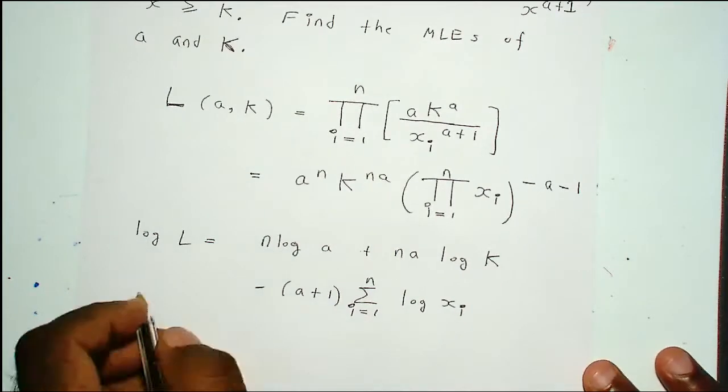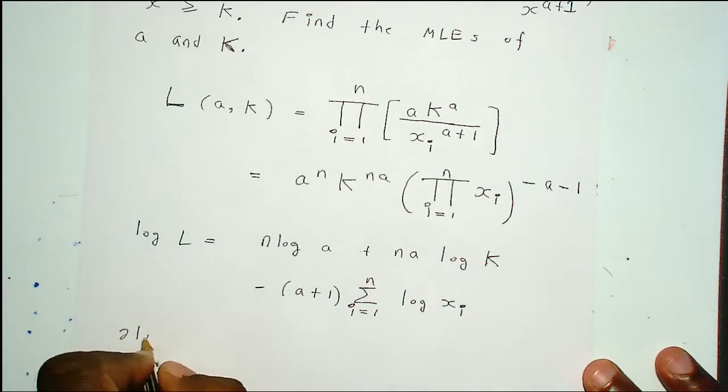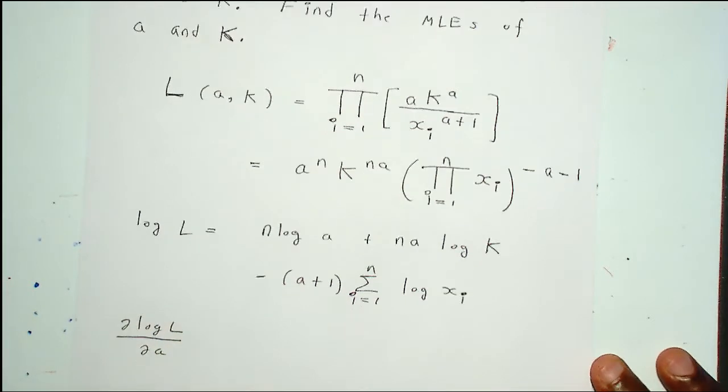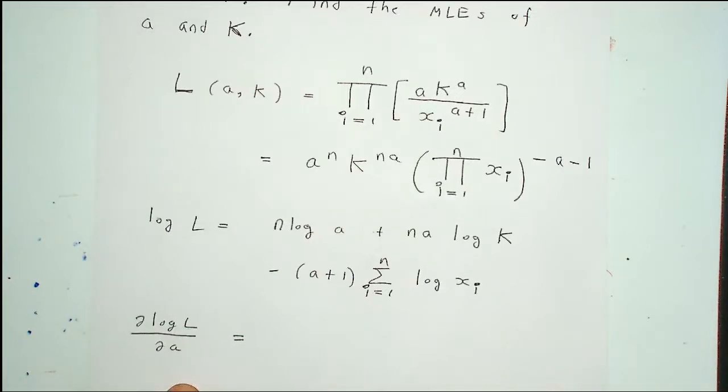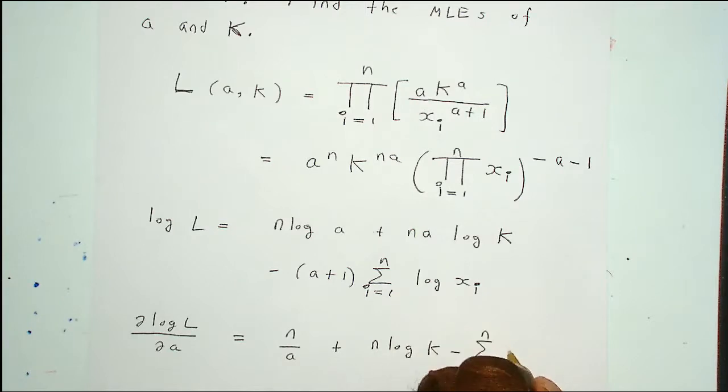Now we take the partial derivative of the log likelihood with respect to A and then with respect to K. With respect to A, it's going to be N over A plus, all right, this is the partial derivative.